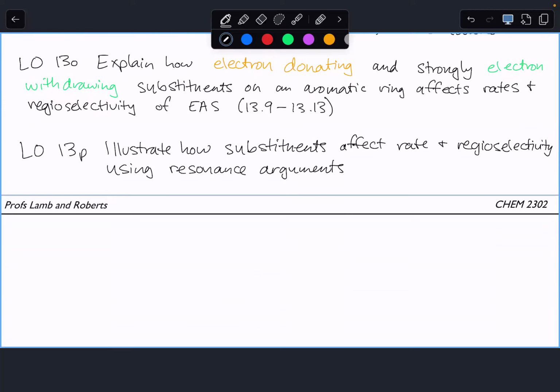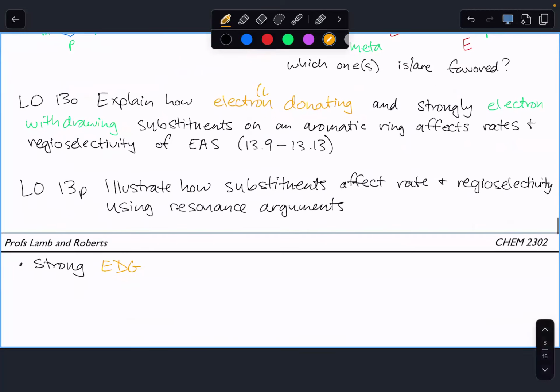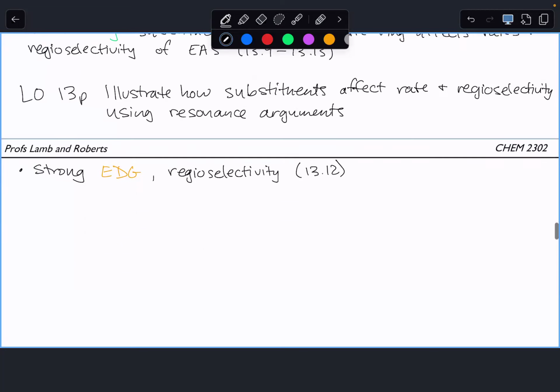So let's start with strong electron donating groups. I'm just going to abbreviate this, so electron donating. And then I'll also abbreviate electron withdrawing groups. Okay, so strong electron donating groups. And we're first going to talk about regioselectivity. So this is section 13.12. All right, so strong electron donating groups.